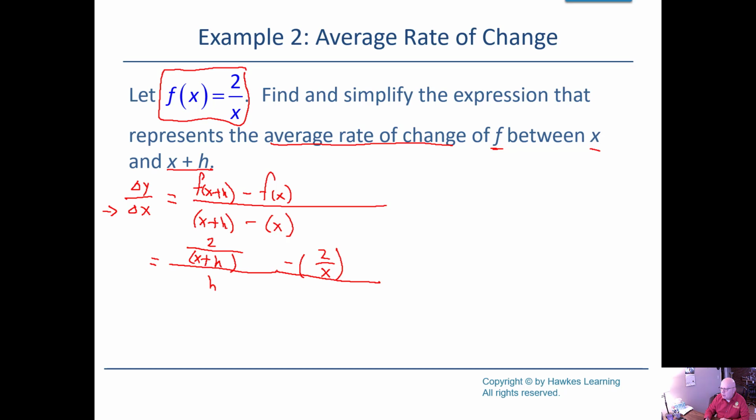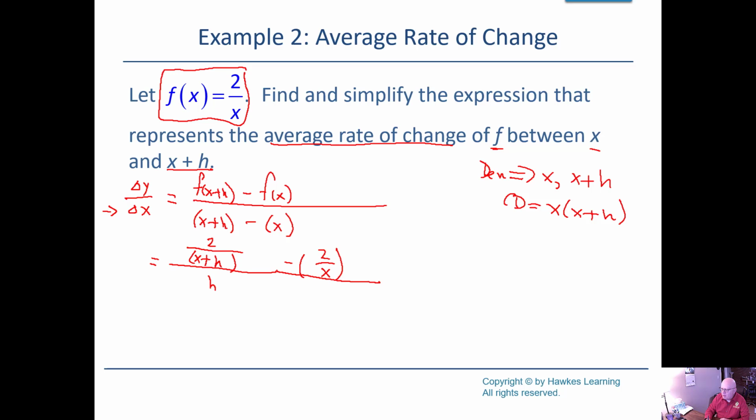Now you need a common denominator. You've got denominators of x and x plus h in the numerator. Right there. So what you need is a common denominator, and it has to have x as a factor and an x plus h as a factor.